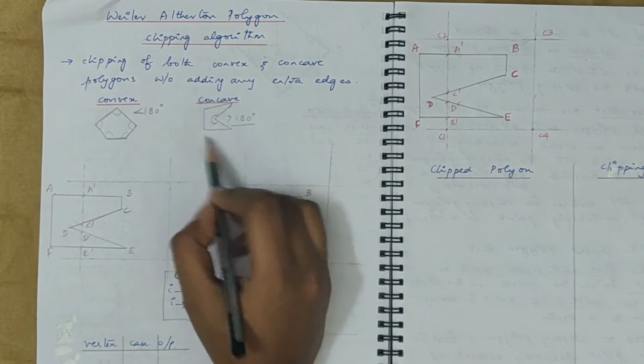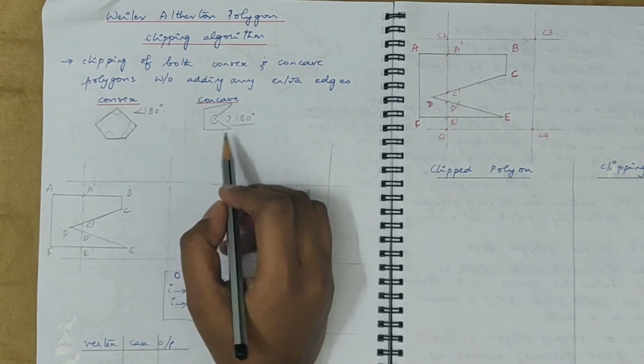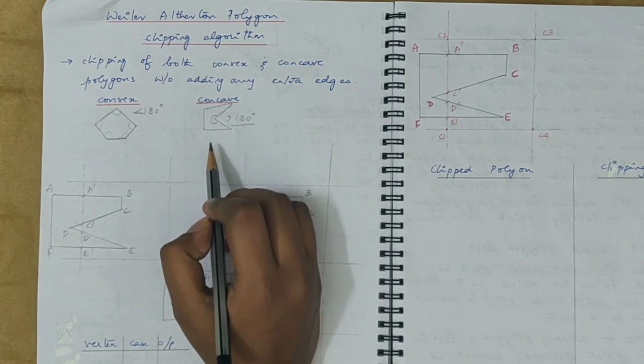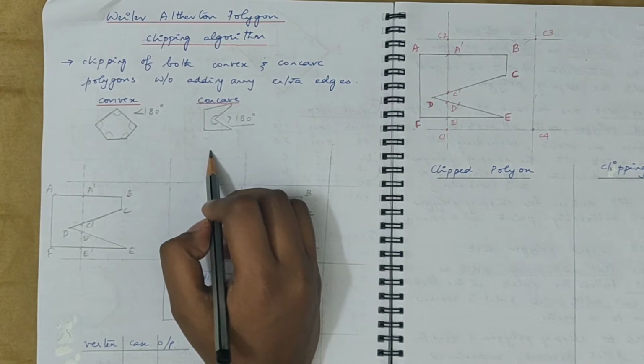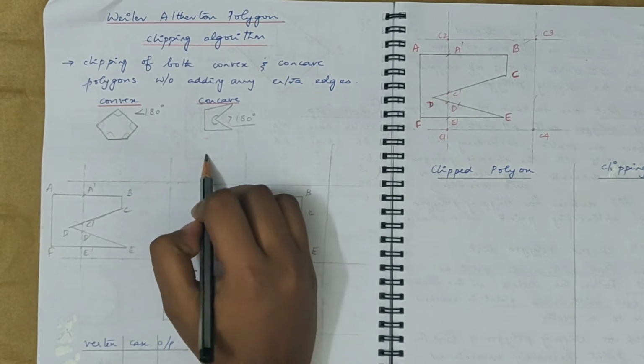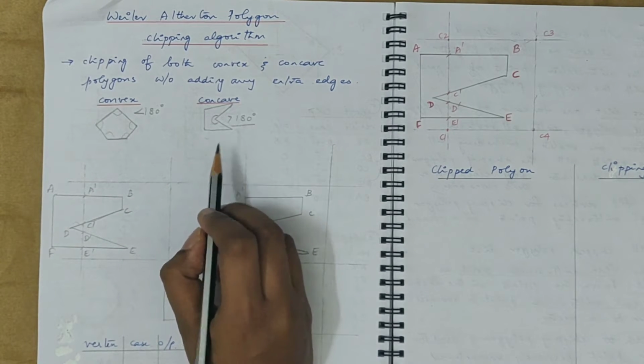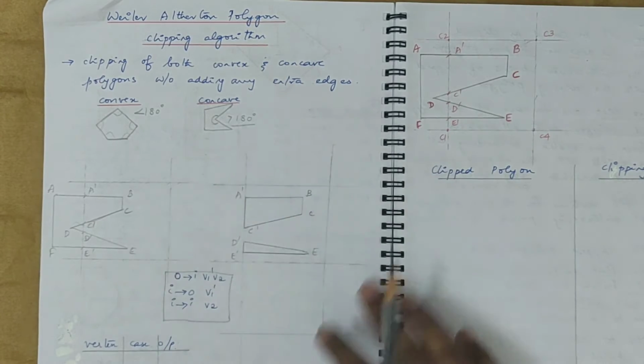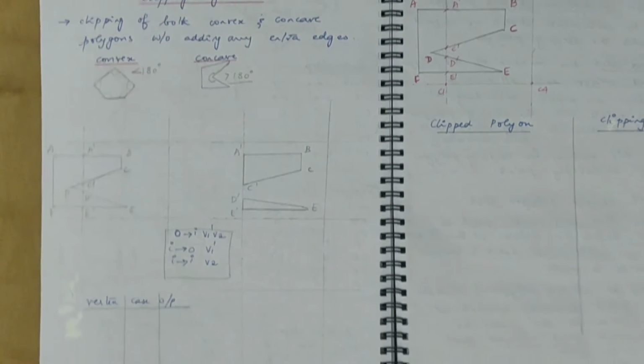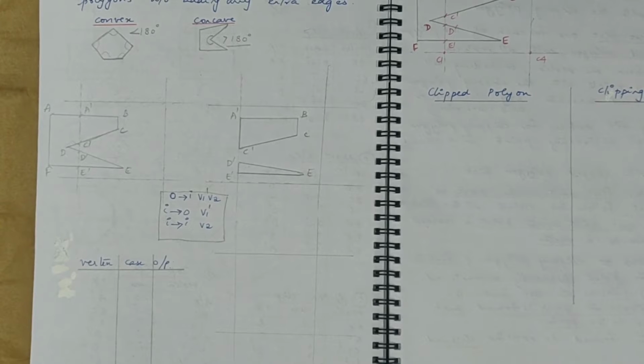So you call such a polygon concave. If you try to apply the Sutherland-Hodgman algorithm to this polygon, you will get some extra edges. Let's try to work it out quickly with this example that I have drawn here.